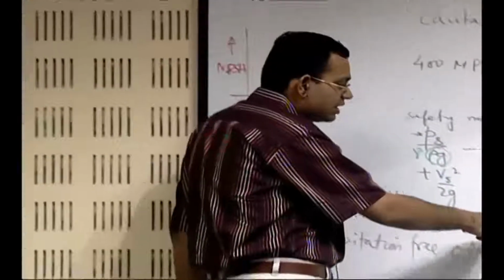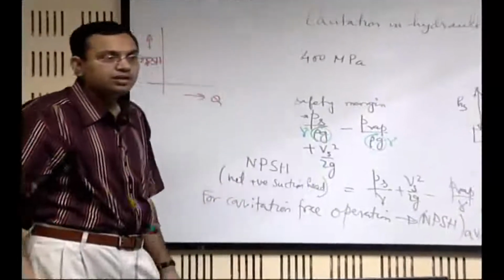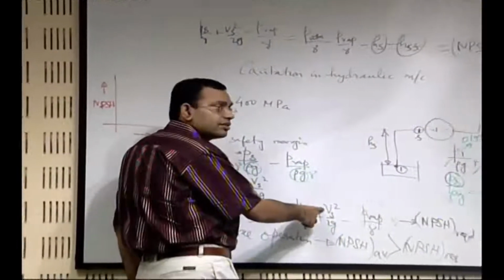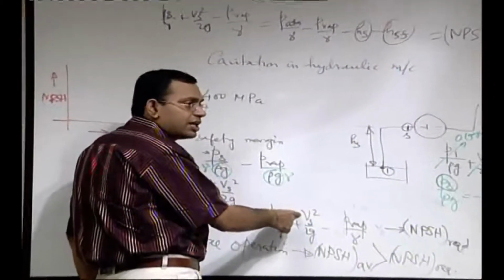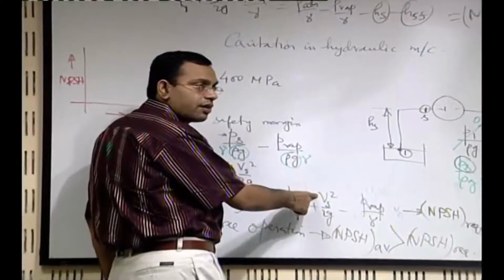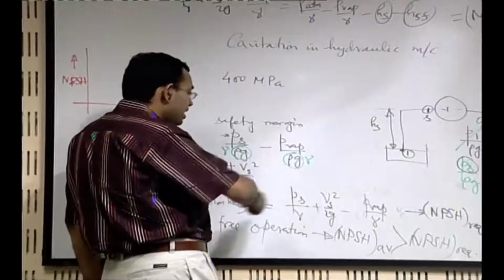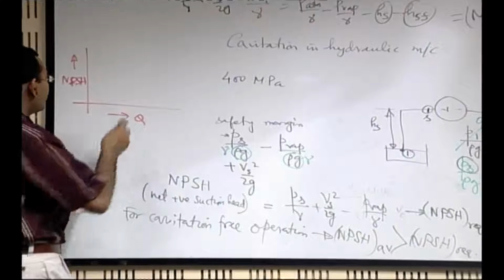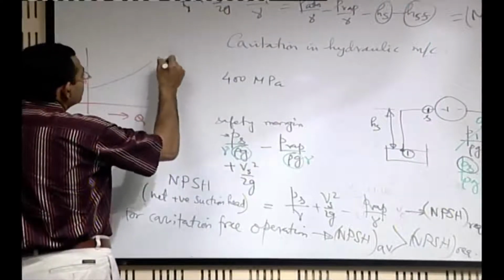So NPSH required, will it increase with Q or decrease with Q? See, if you have a higher Q, you have a higher Vs. So that means NPSH required will increase with Q. So NPSH required will be something like this.